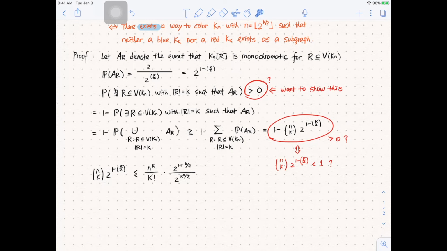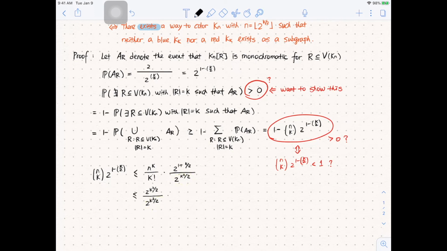Next, let's rearrange the terms here and also plug in the value of n. We further get that this quantity is less than or equal to 2 to the k squared divided by 2, divided by 2 to the k squared divided by 2, where the numerator we get by plugging in the value here, and the denominator we get just by moving this to the denominator.